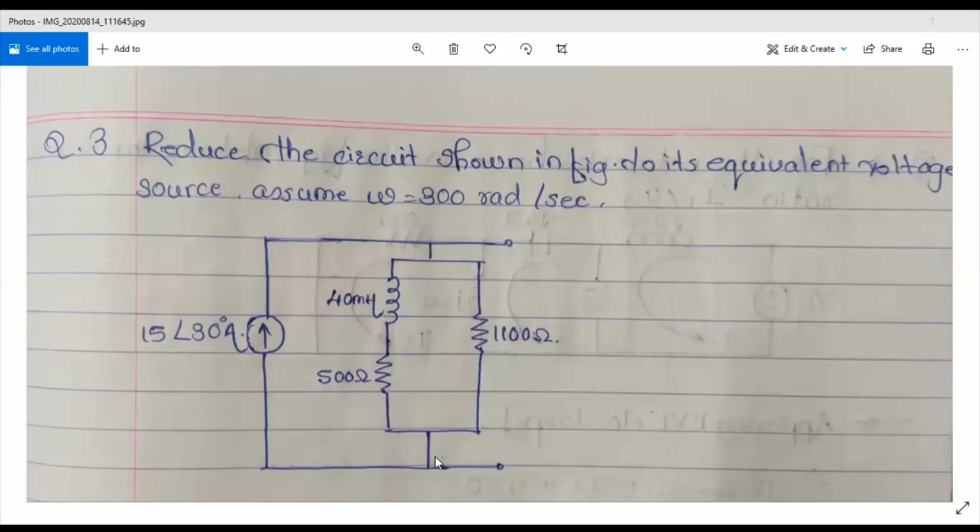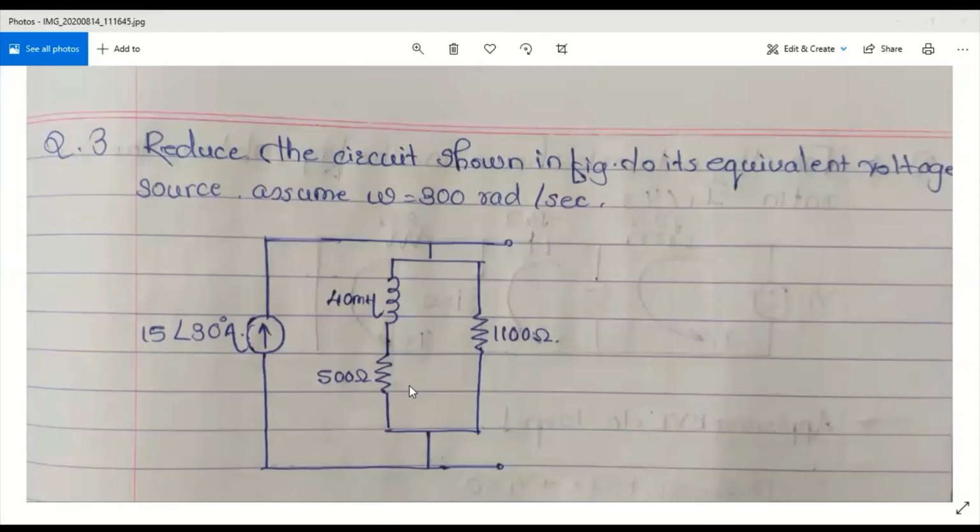It is in parallel with this R and L circuitry. So if we have to reduce the circuitry to its equivalent voltage source, this numerical is related to source transformation.